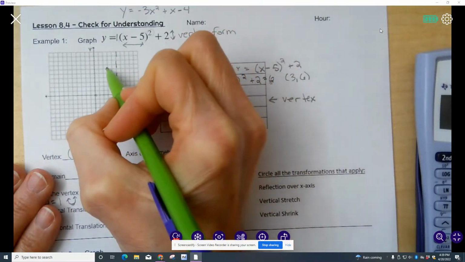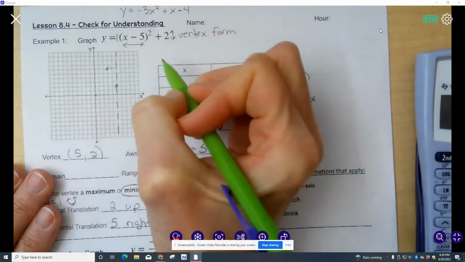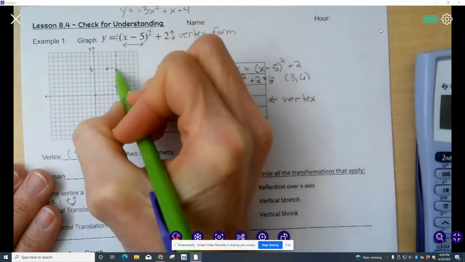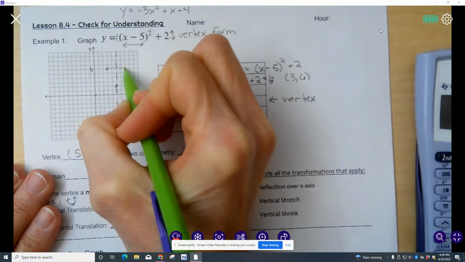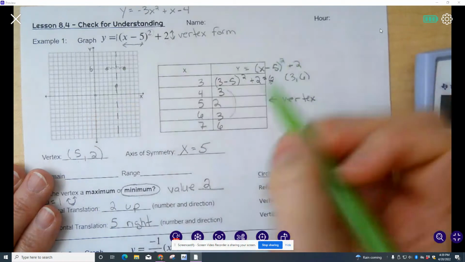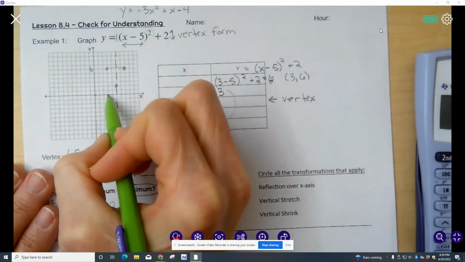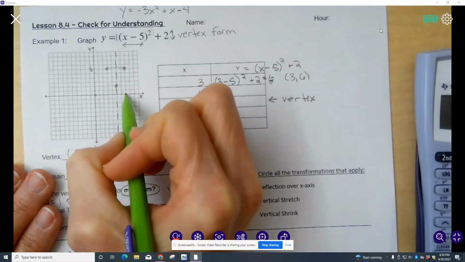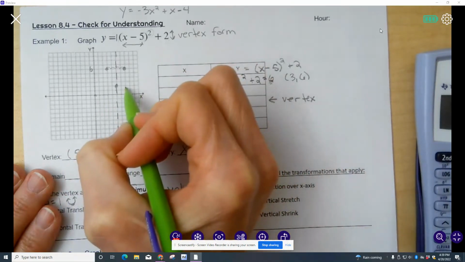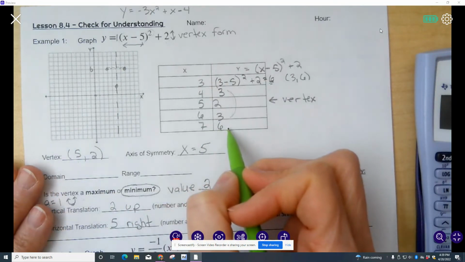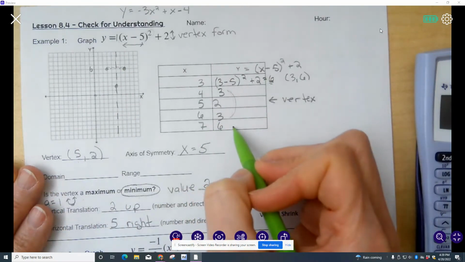So if I have a point that's 2 to the left of the axis of symmetry at y equals 6, I'm going to have another point that's 2 to the right of the axis of symmetry at y equals 6. That's this coordinate point right here. 1, 2, 3, 4, 5, 6, 7, over 7, up 1, 2, 3, 4, 5, 6. So that's this coordinate point right here, 7 and 6.